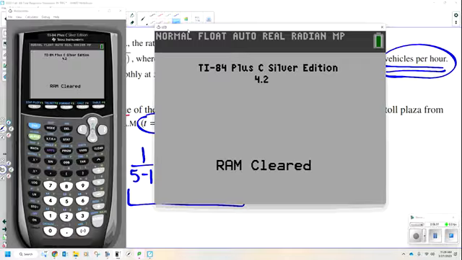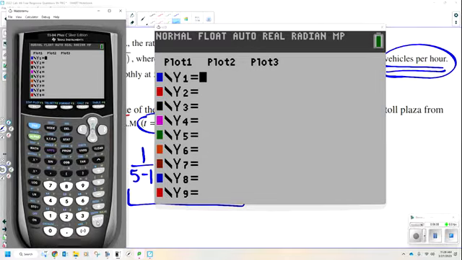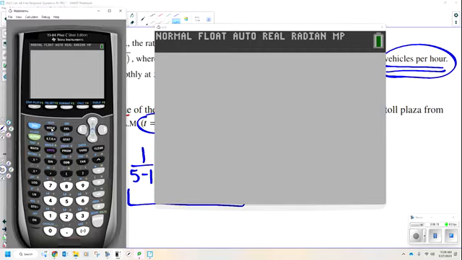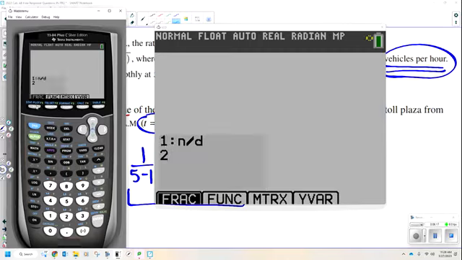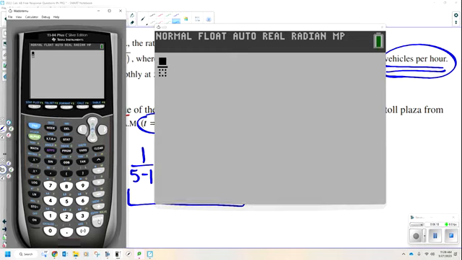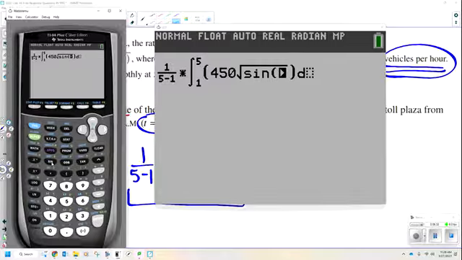with a fraction, 1 over 5 minus 1. Second quit. Let's go to alpha, y equals. The alpha must not have registered. Then 8 times math 9 from 1 to 5 of 450 times the square root of the sine of 0.62.